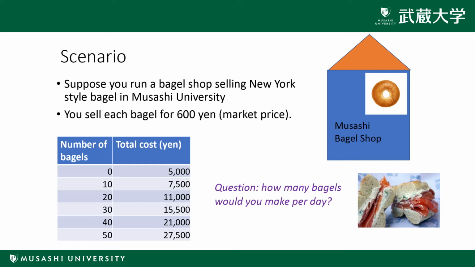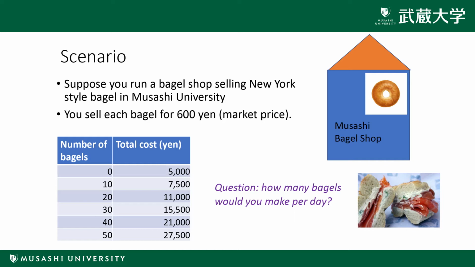Okay, and that is what we call the market price. So market price means that it is the average price in the market for that kind of bagel, okay? So a similar shop sells a similar bagel for roughly 600 yen. So that's the market price for bagel.